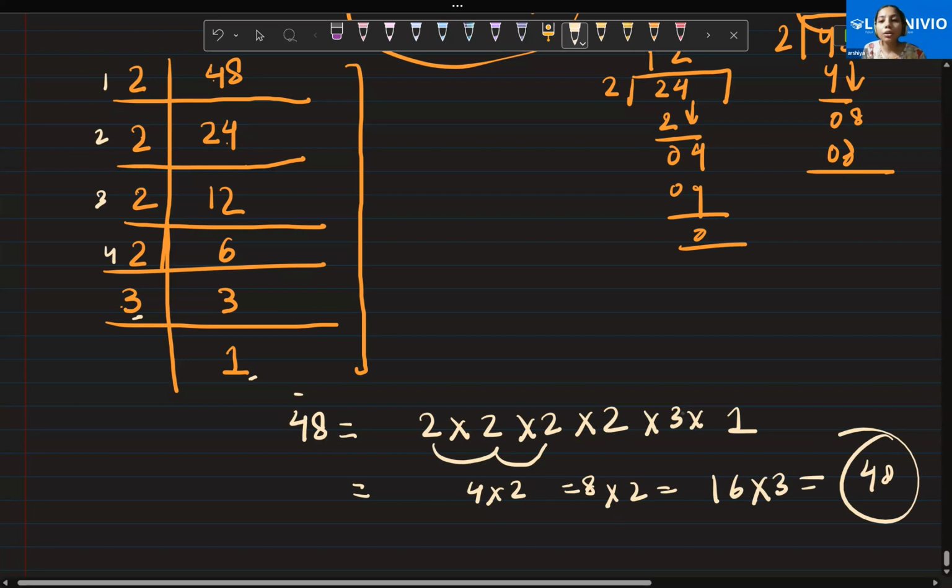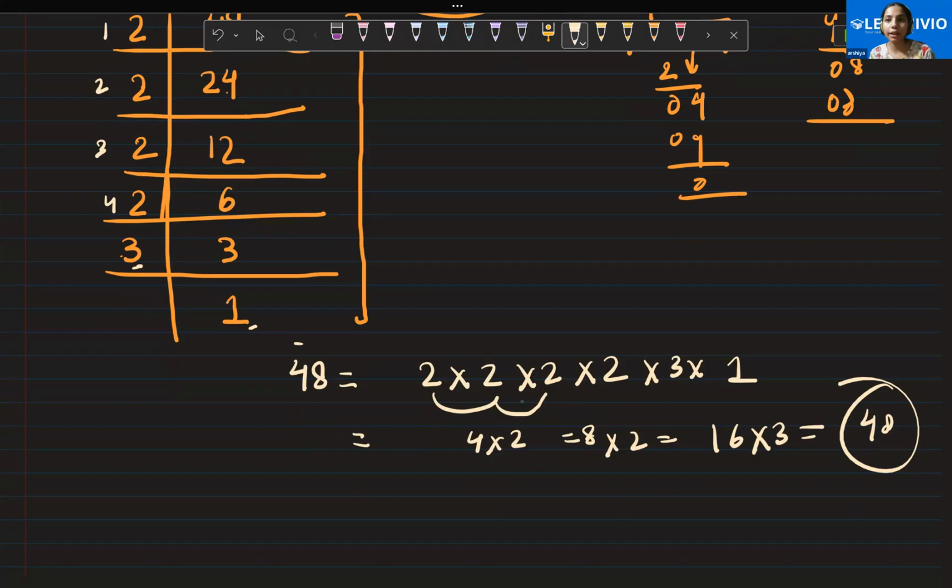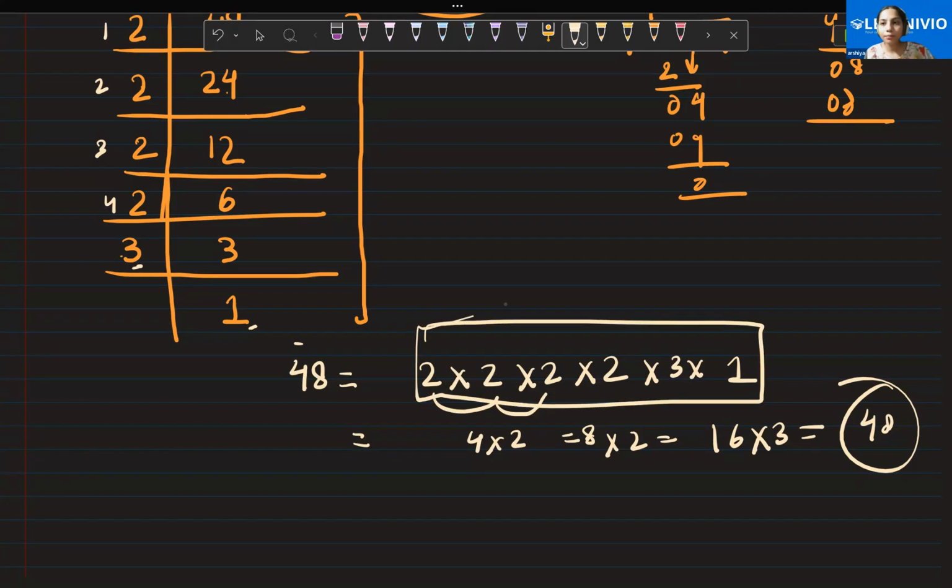So I basically had to write all the prime factors, like prime numbers that are also the factors of 48. Okay. So if you'll notice, all the numbers in the answer are prime numbers. So that's why it's called prime factorization.